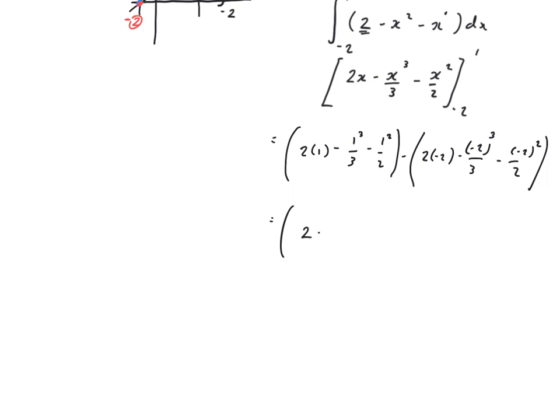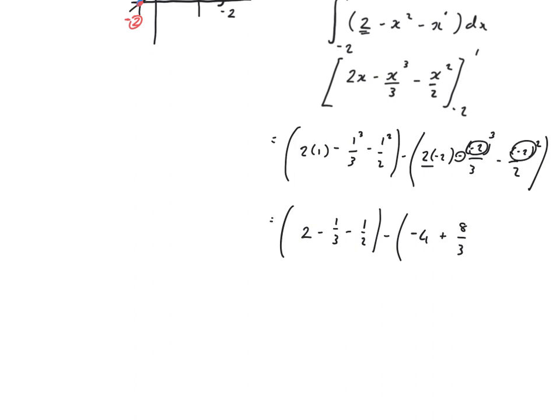Okay, 2 lots of 1 is 2, so it's 2 minus 1/3 minus 1/2 minus 2 lots of minus 2 is minus 4. And then I've got minus 2 cubed, minus 2 times minus 2 times minus 2 is minus 8. Minus 8 times a minus at the front will be plus 8 over 3.